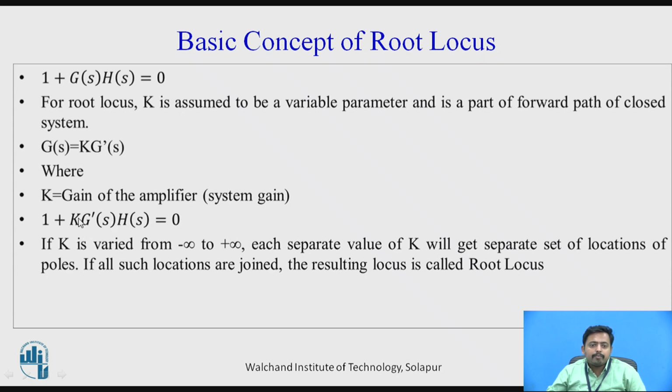Once we vary this K from minus infinity to infinity, for each separate value of K, we get a set of locations of poles. So, these poles move with this parameter K. If we join all such locations of poles, the resulting locus is called a root locus.